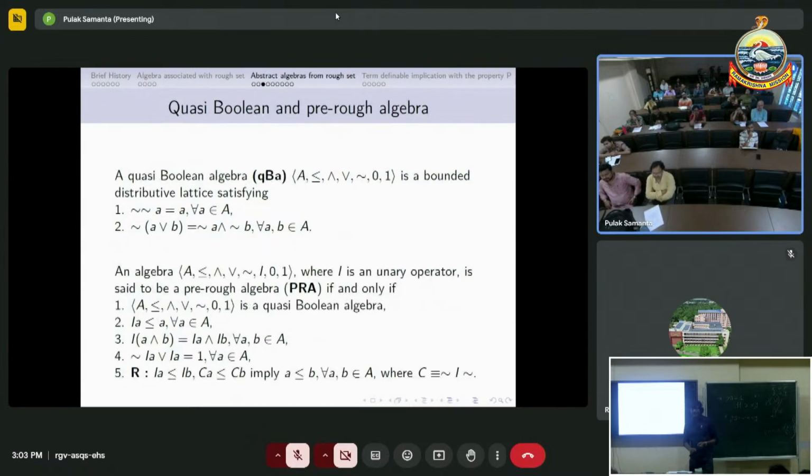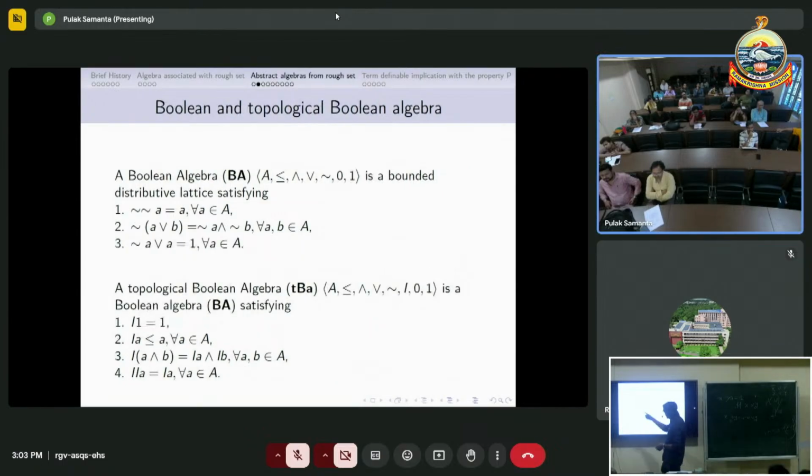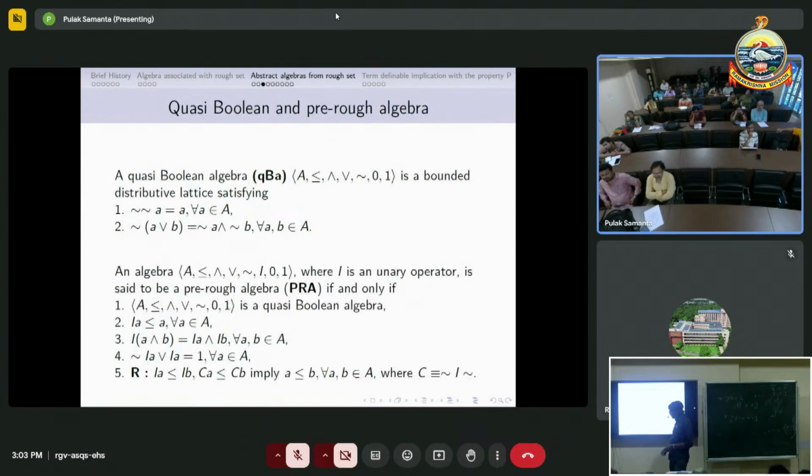Next we have the De Morgan lattice. The difference, and why we call this quasi-Boolean, is that the law of excluded middle is missing here. The abstract algebra corresponding to this approximation space algebra is our Pilaf algebra. What is Pilaf algebra? This is the De Morgan algebra or quasi-Boolean algebra which satisfies this property.